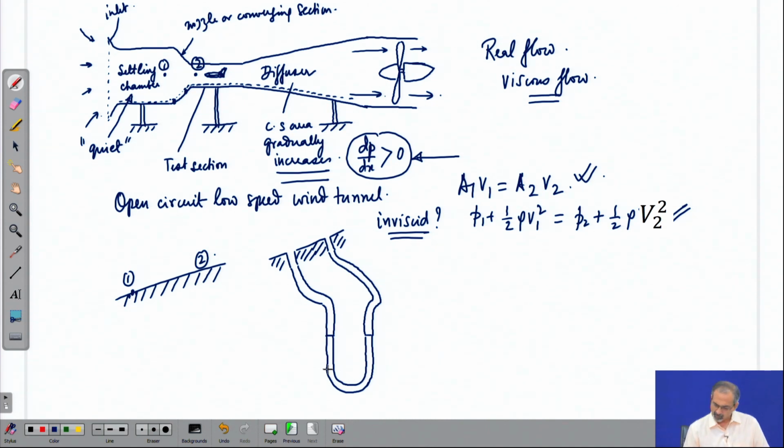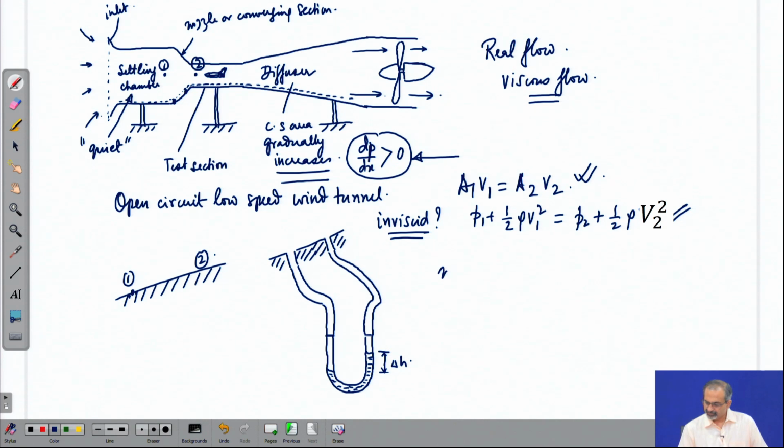And then you may find that the manometric liquid is occupying levels like this in the 2 limbs, and there is a difference in height between the 2 levels.